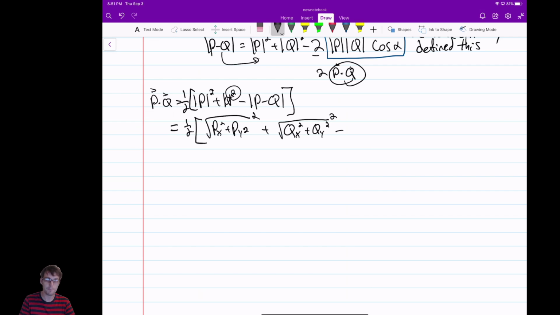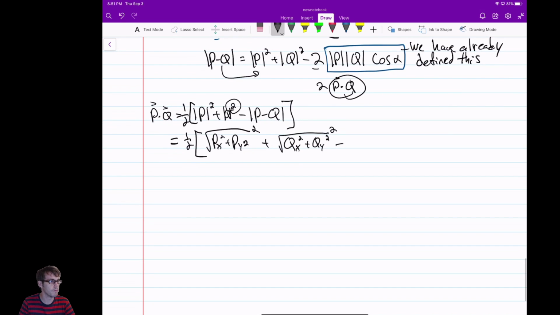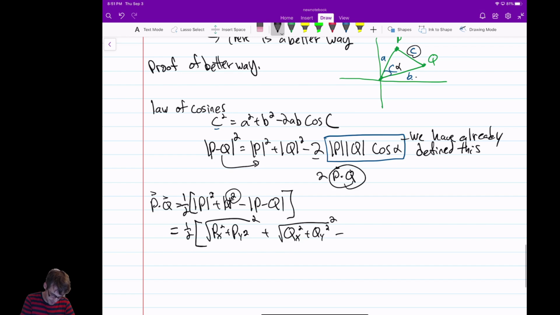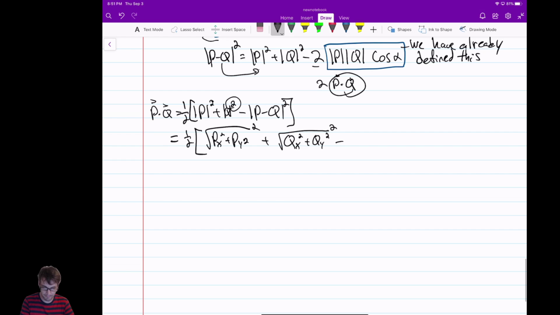Minus the length of P minus Q. Aha! I forgot a square sign. I knew it. So it was C squared equals, so P minus Q squared equals. So yeah, square. Sorry about that.